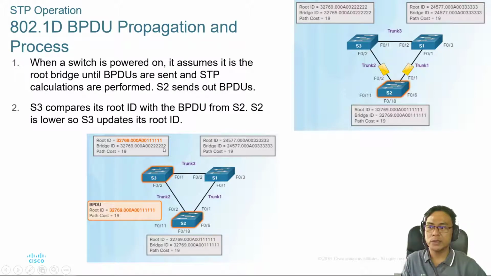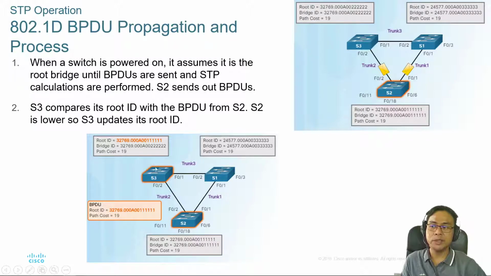Okay? Bridge ID is 2222. Bridge ID is 1111. They differ only from 32769. So, the root ID to be used now, which is the reference, the root bridge winner they acknowledge, is 1111.